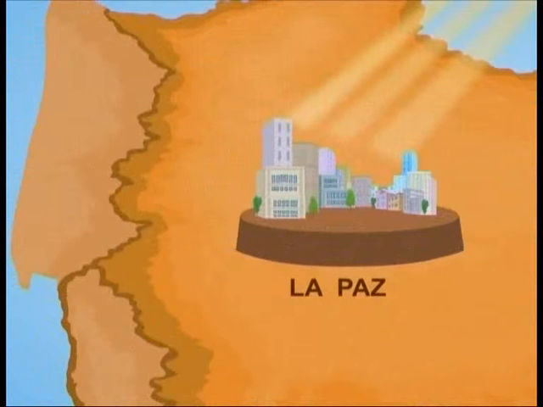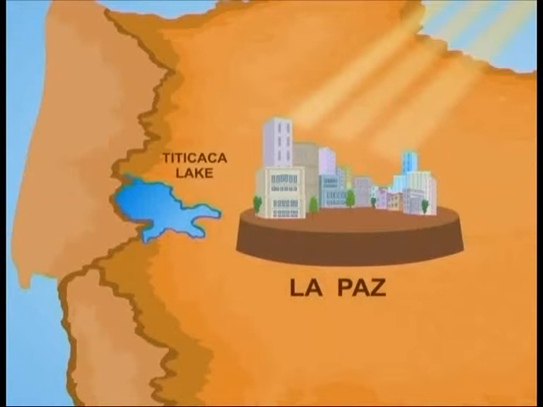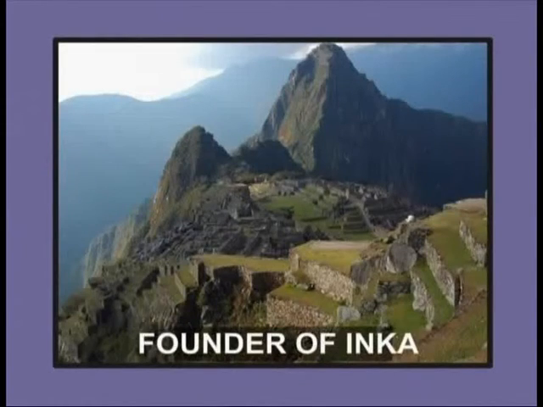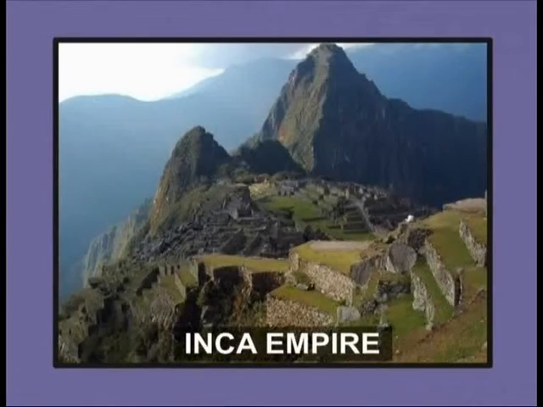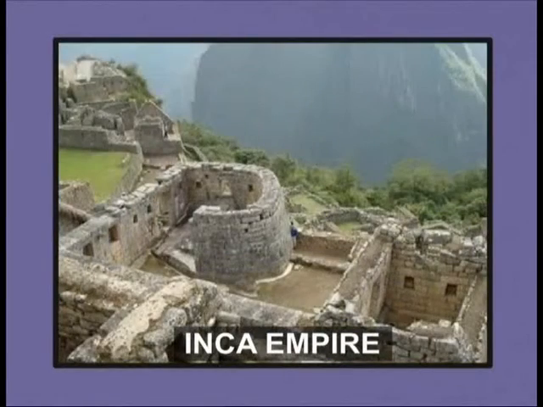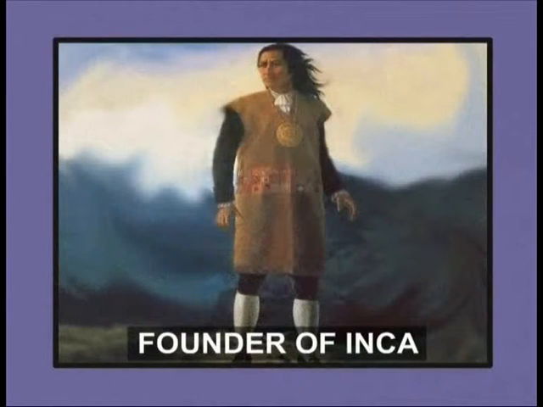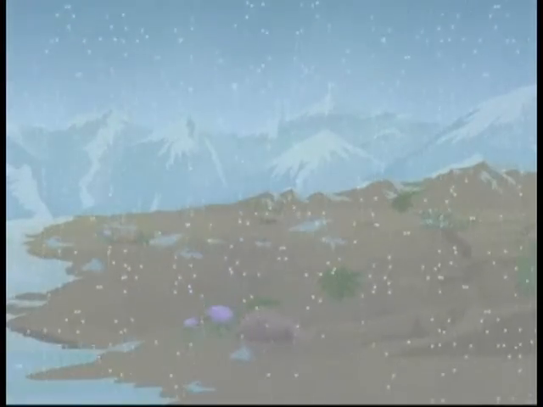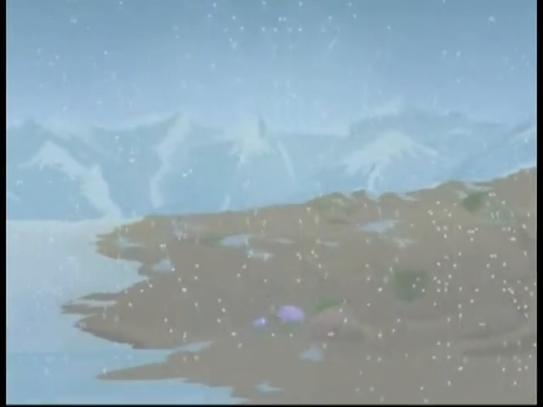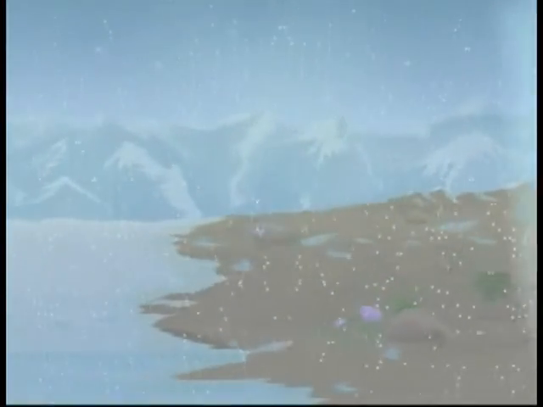A little close to this place is Lake Titicaca. Legend says that the first Inca that rose from this lake was the founder of the Inca Empire. Some parts of the mountains are absolute deserts, while some are among the wettest places on the earth.